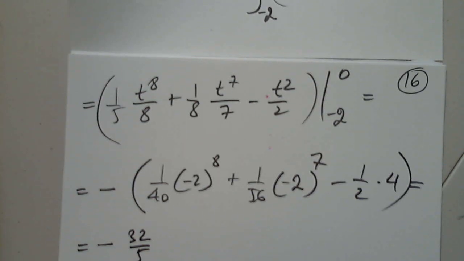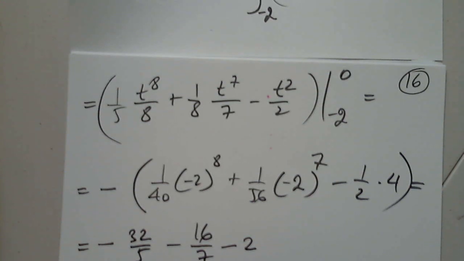2 to the 7th power divided by 56, 16 over 7, and minus 2. Careful. This is minus, this is plus, and this is plus.